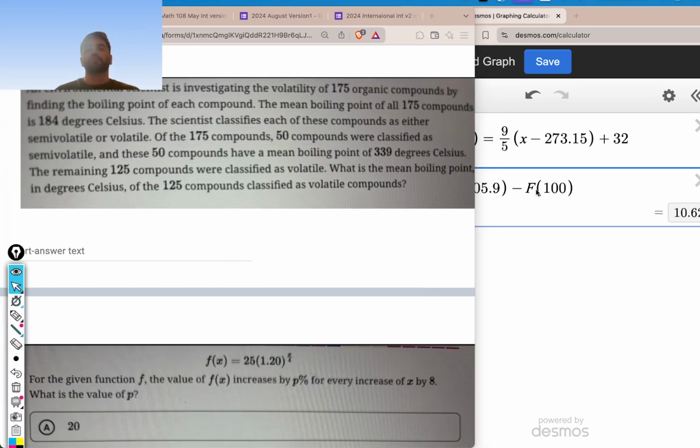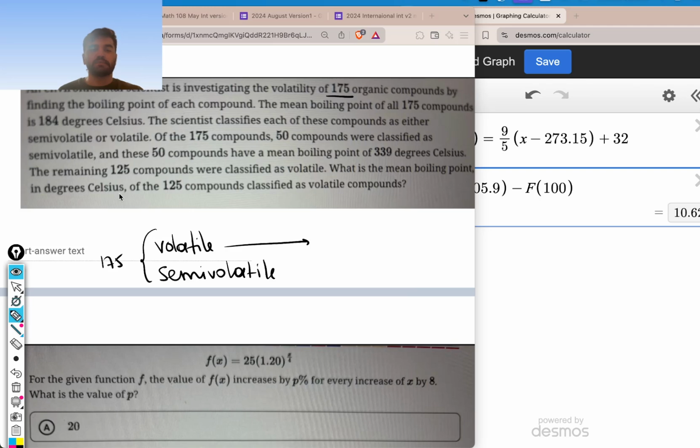For certain, it says we have two types of compound: volatile and semi-volatile. Total is equal to 175.